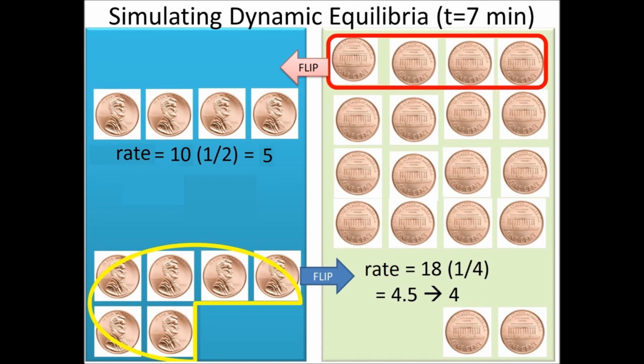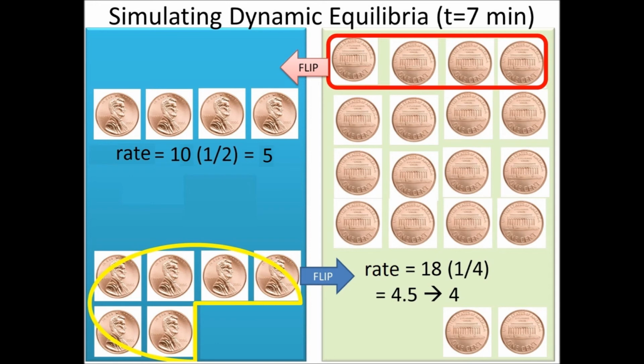We see that 18 times the rate constant, 1/4, gives us not a whole number, so we get 4.5 pennies, but we can only flip 1 penny at a time. We can't flip half of a penny. So following the rule to always round down, we say that 4 pennies need to flip from tails back to heads.